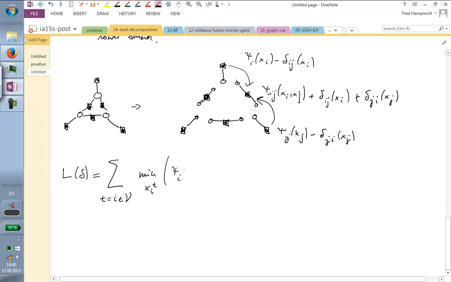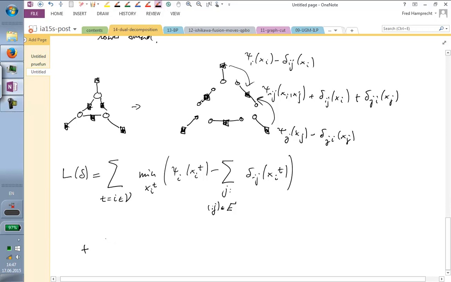Many others would be possible. So I'm passing on some mass to all adjacent pairwise potentials here.